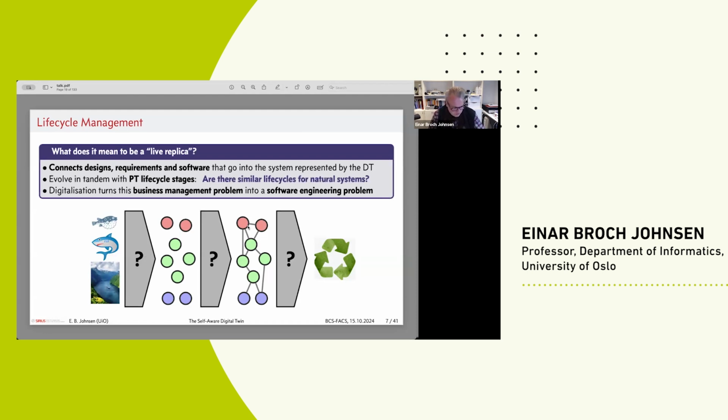But we talked about not only engineering systems, but also natural systems or social systems. So do we have a similar kind of life cycle perspective on a natural system? Since I'm from Norway, I tend to think in terms of fjords. So we could think about a fjord and what would be a transition from one life cycle stage to the next for the fjord system. There are various examples we could think about.